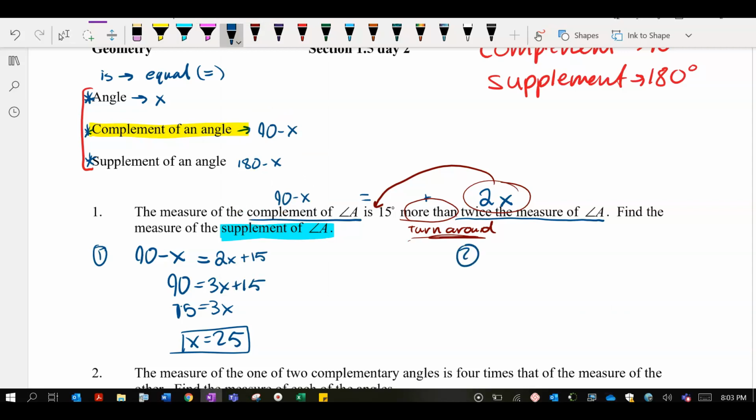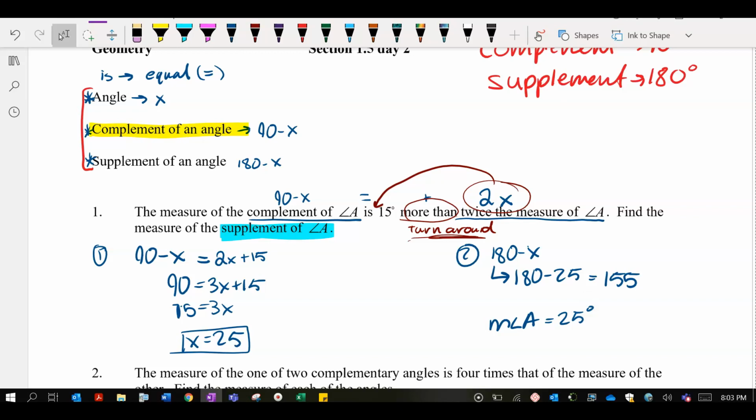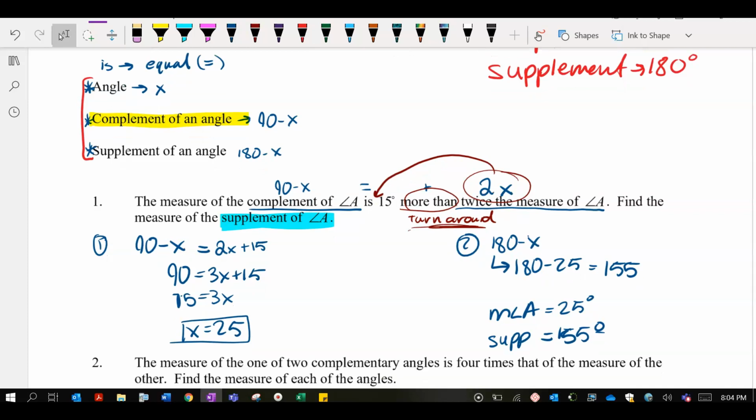The supplement of an angle is 180 minus x, which means we're going to do 180 minus 25, and we will get 155. So the measure of angle A does equal 25 degrees, but the supplement of angle A is 155 degrees.